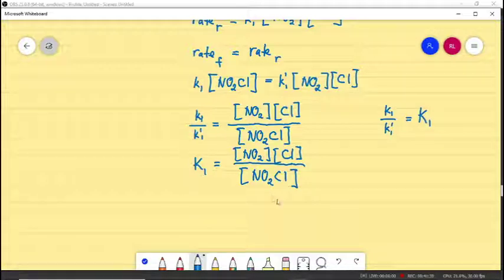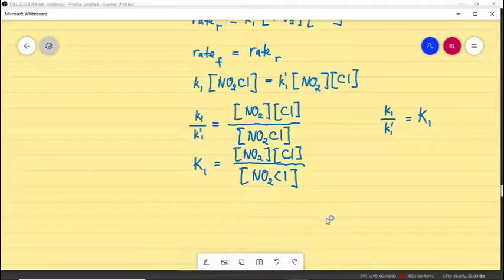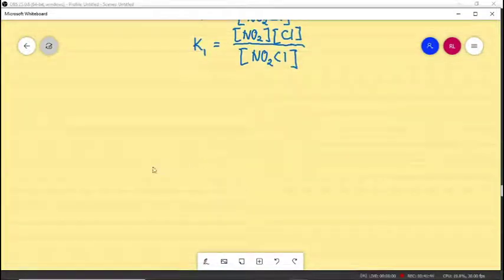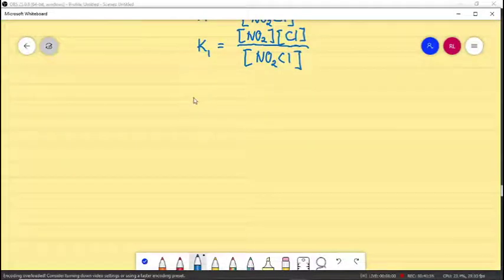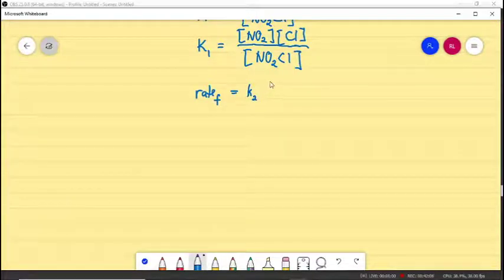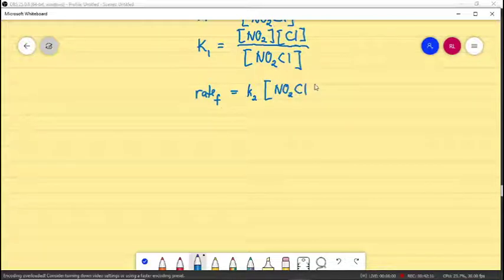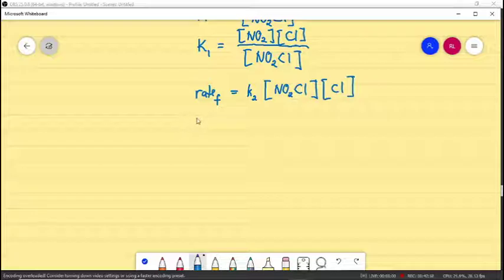Now how about for the second step? Okay, we will follow the same. Please refer to your copy. Okay, rate of forward reaction is equal to, this time we use small k sub 2 times the concentration of K, and then the rate of the reverse reaction.